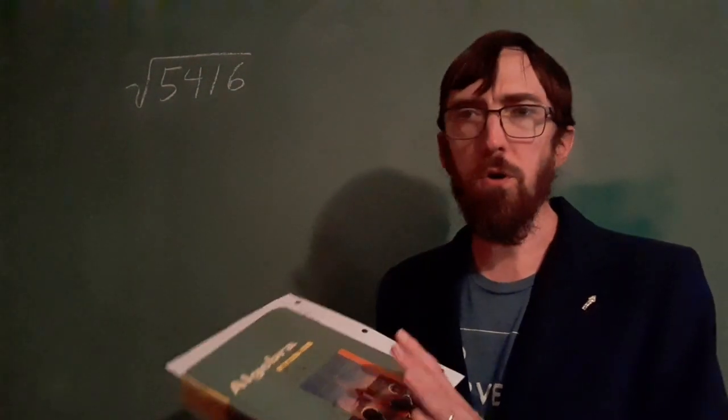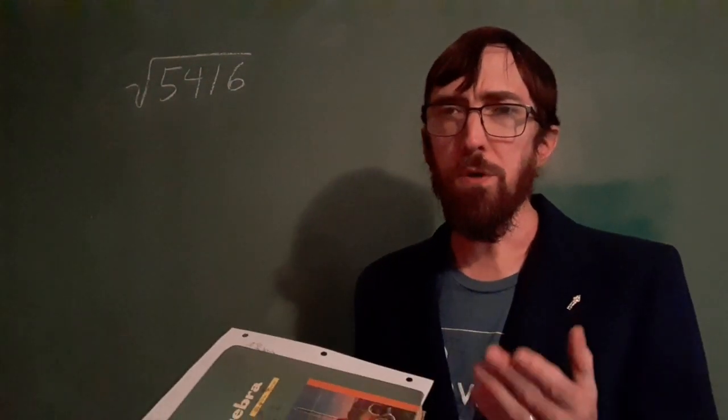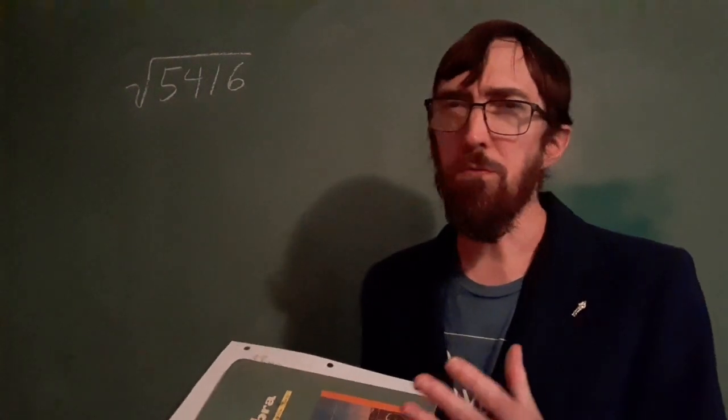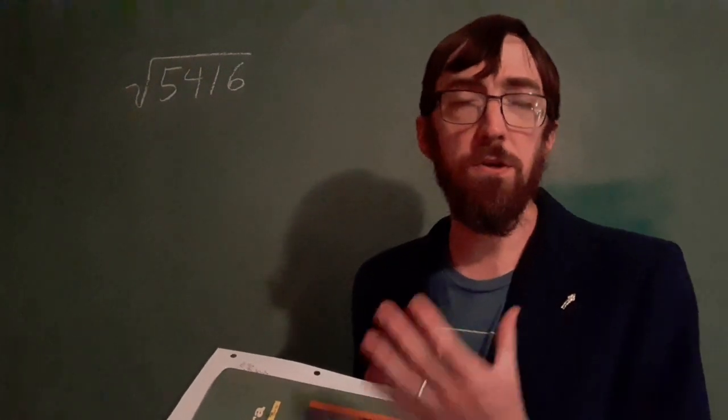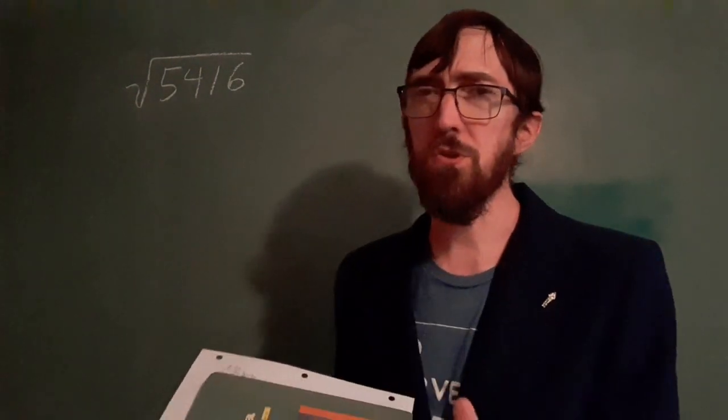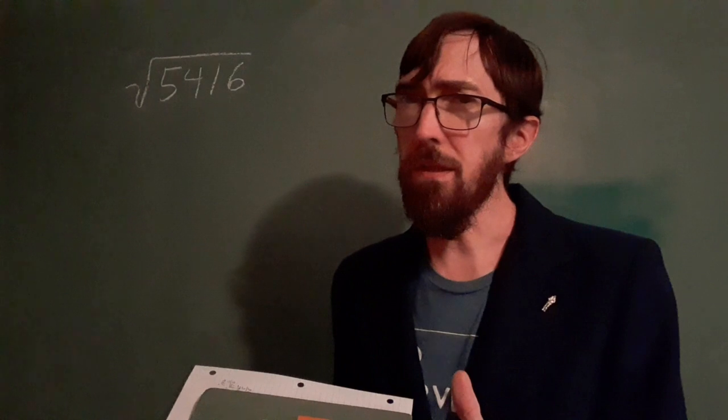There are proofs in this book, which in modern times we tend to see relegated only to high school geometry and not necessarily carried over into our Algebra 2 class, although it certainly can be there.